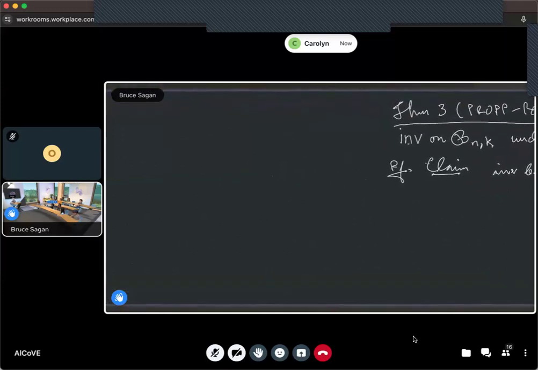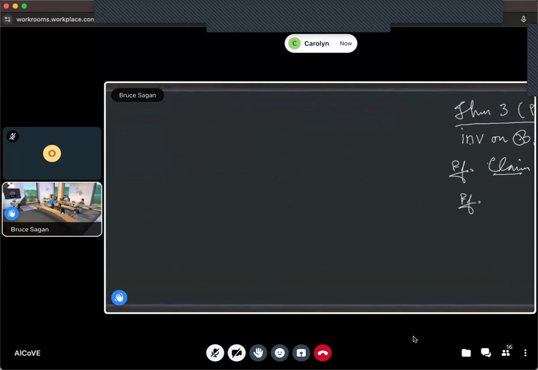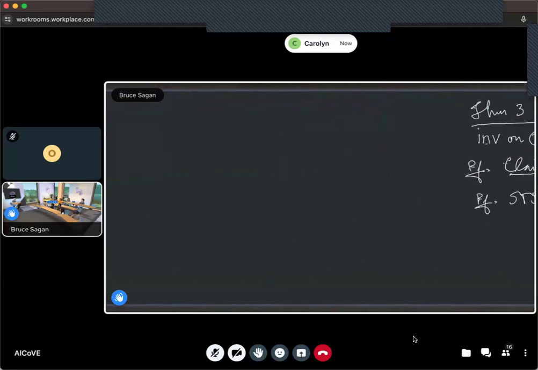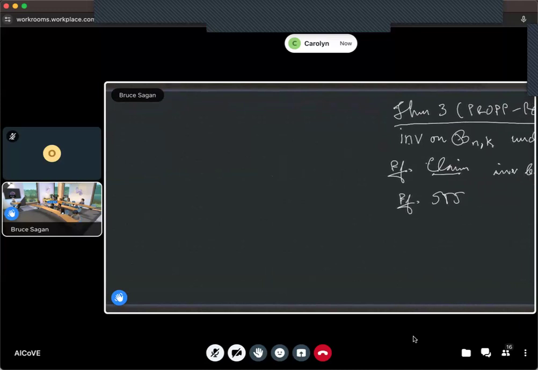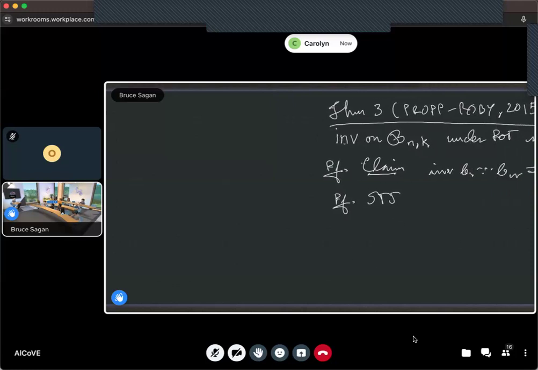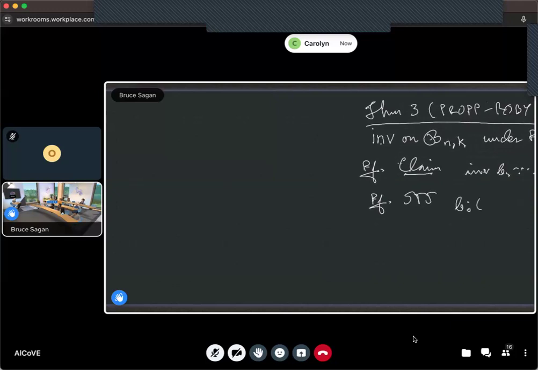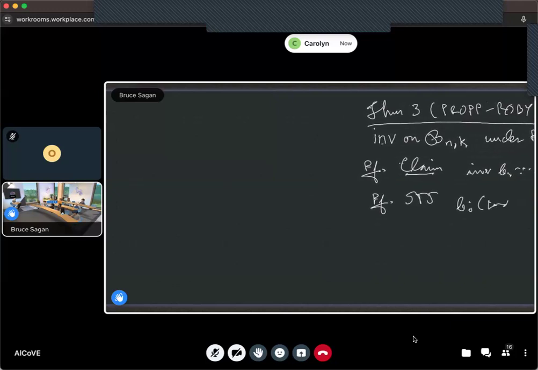Well, why can you do this? Let's prove that claim. It suffices to show that this sum gives you a 1 or a 0 exactly when you have inversions. So it suffices to show that this summand b_i times (1 minus b_j) is 1 if we have an inversion.